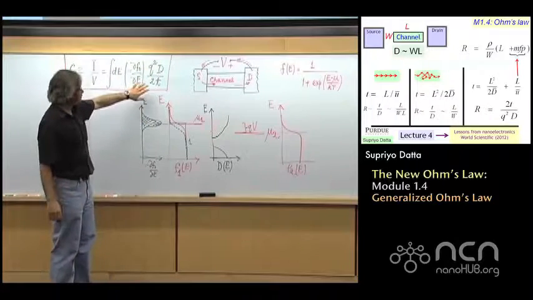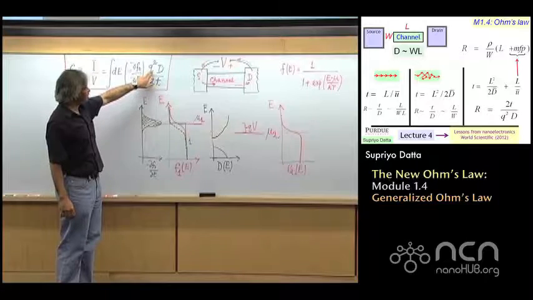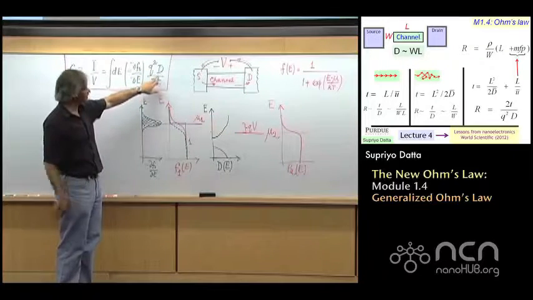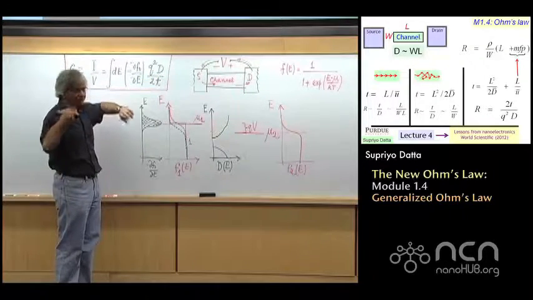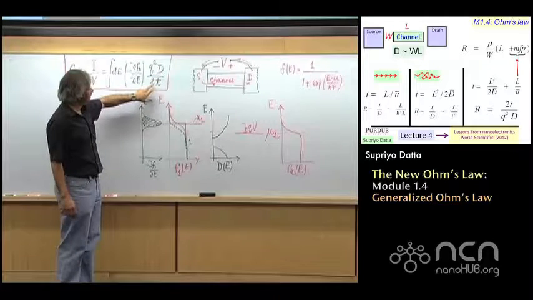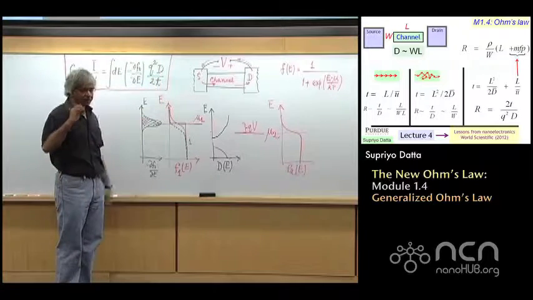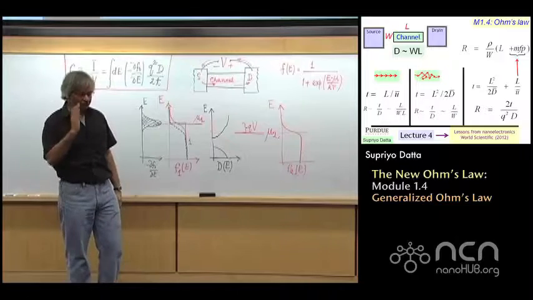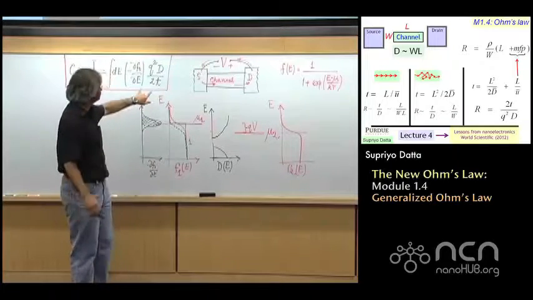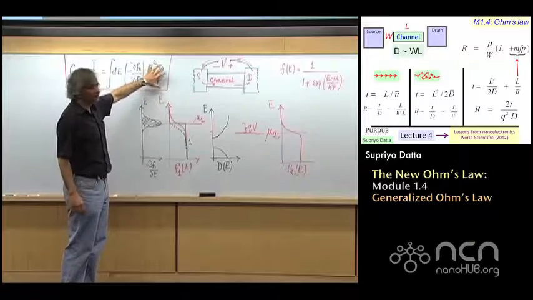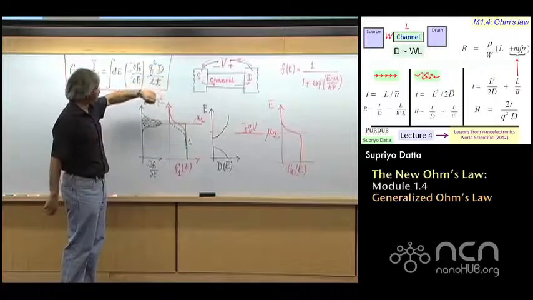And at a given energy, the conductance is given by Q squared times the density of states at that energy, those are the lanes on your highway, divided by 2T. And T is the time it takes for an electron to get from left to right. So that's the conductance at a given energy.